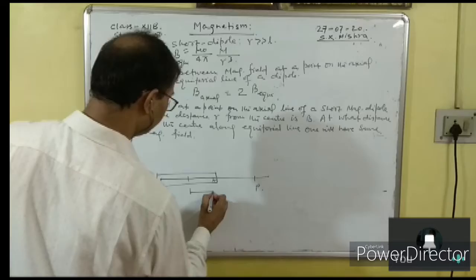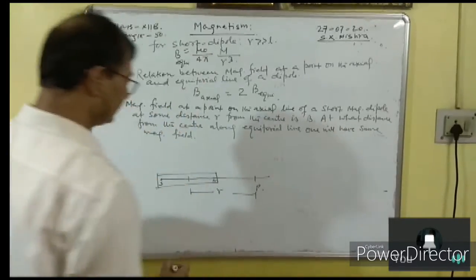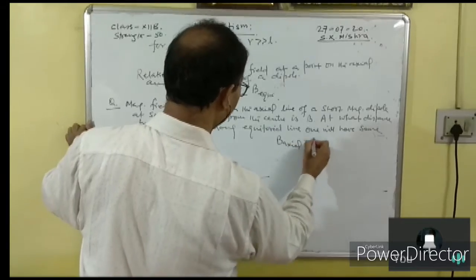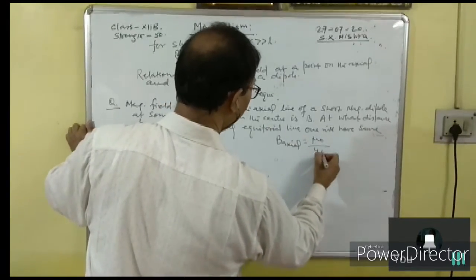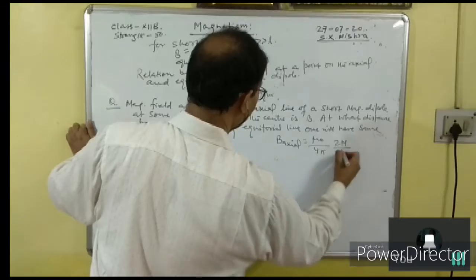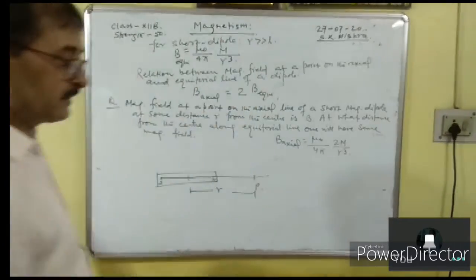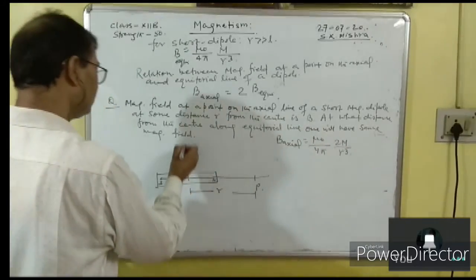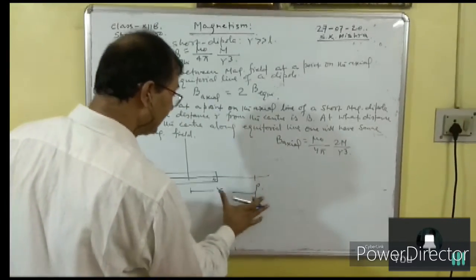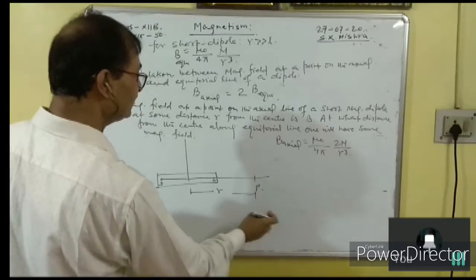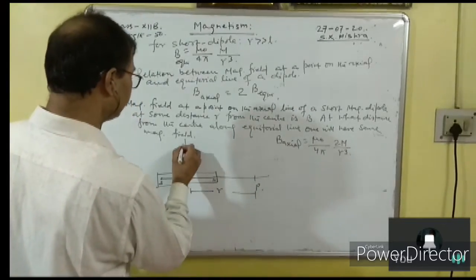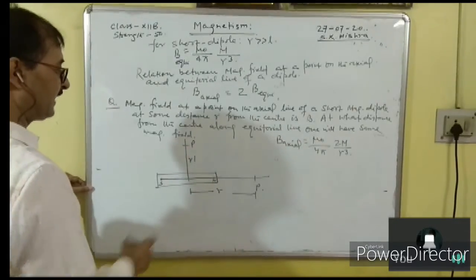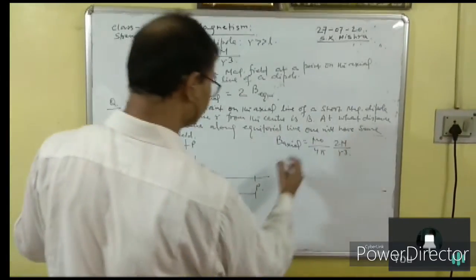If you ignore L square, then B equals mu naught by 4 pi, M by R square raised to 3 by 2. R square, this 2 will cancel out. So in the denominator it is R cube only. This is on the equatorial line. But on the axial line, remember, this was mu naught by 4 pi, 2M by R cube.